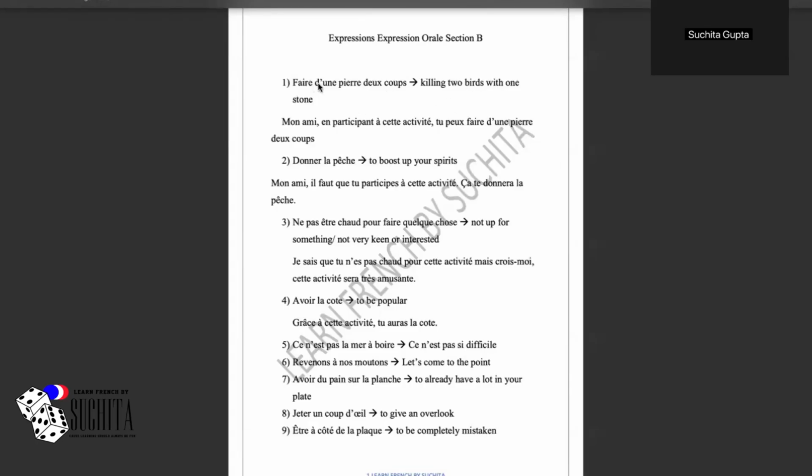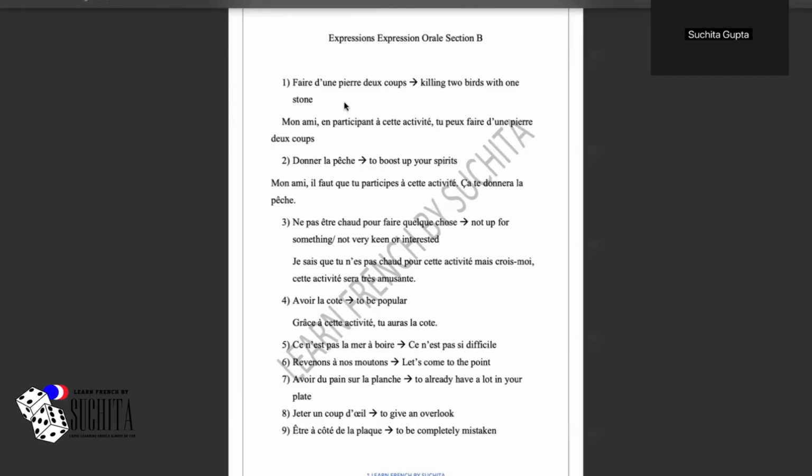So that's the proverb that we use in English also. For example, if you're trying to give two benefits of trying that activity, like we discussed, it's not only going to give you some time to relax, but it's also a wonderful opportunity for you to make new friends.